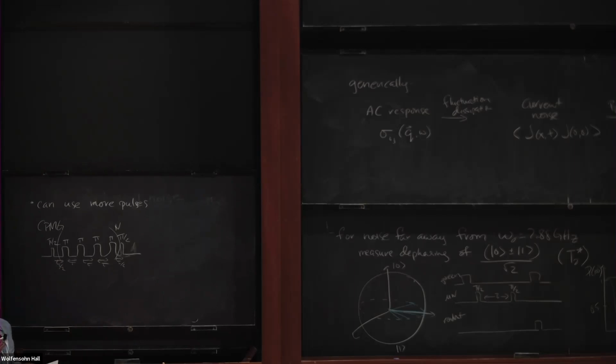But the other thing that's kind of interesting is I can use this as a tool for getting enhanced sensitivity to noise that just happens to be at a frequency that's commensurate with the pulse sequence that I'm using. So if you imagine that I have some AC magnetic field that is exactly coherent, if I can draw it that way, I need all of my flips to be at the flips.